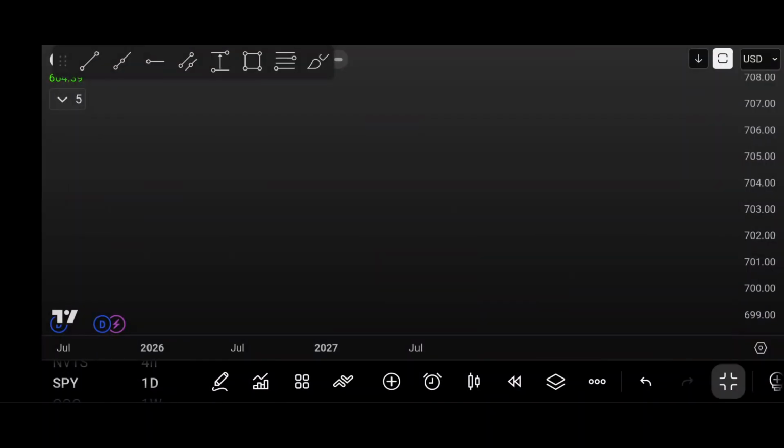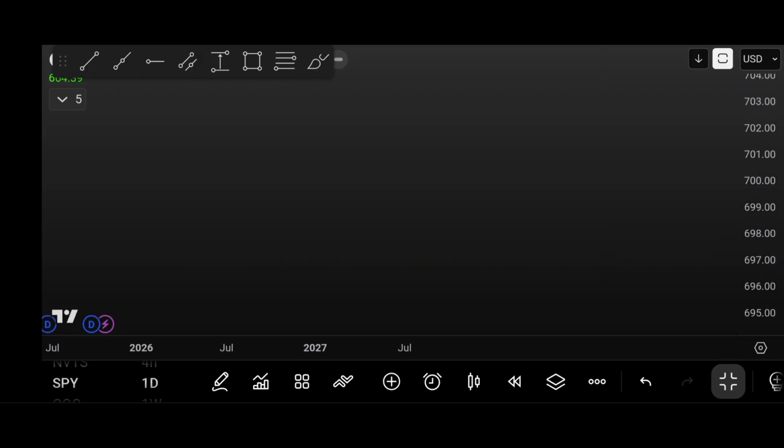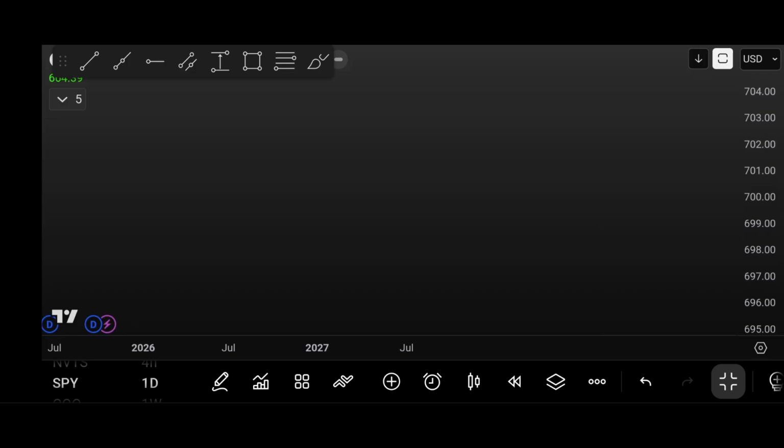However, you want to place your stop loss where your trade idea has been proven wrong. So the second common way to use your stop loss would be to set it based on price. Now, if you're setting a stop loss based on price, usually what we're looking at is the risk reward ratio. What do I mean by that? Let me give you an example. If, for example, your profit target is all the way up here, it's 704, okay?